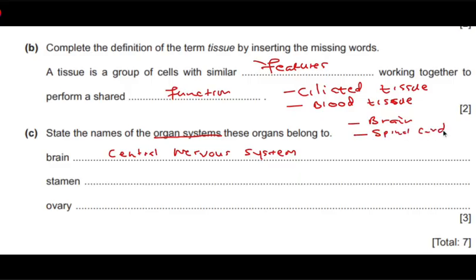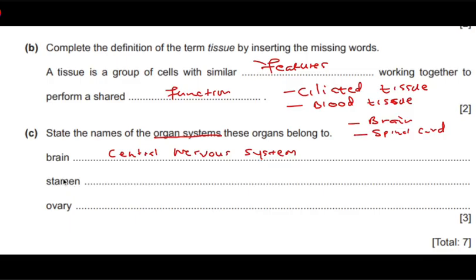So those are the two things which make up the central nervous system. Then we also have what we call the peripheral nervous system. This peripheral nervous system is found in the limbs, that is the upper limb as well as the lower limb. So those innervate the lower limb and the upper limb. So actually the peripheral nervous system is made up of nerve fibers.